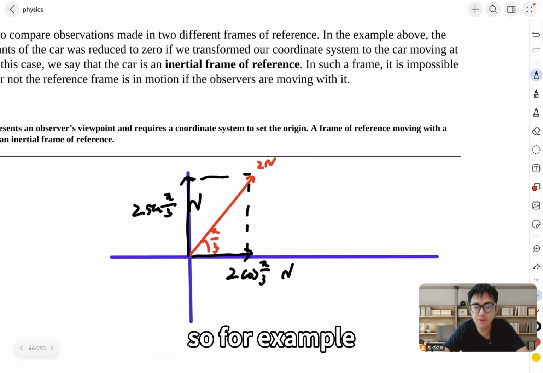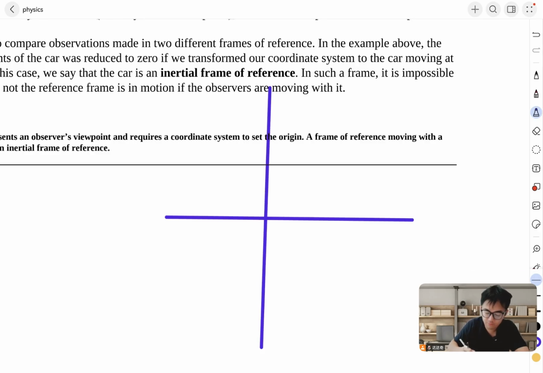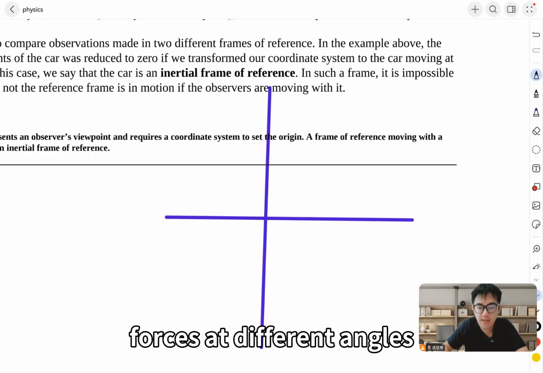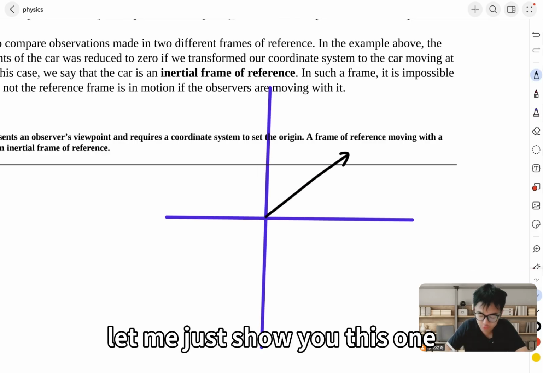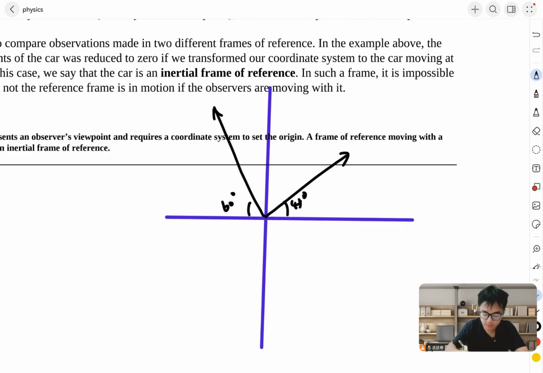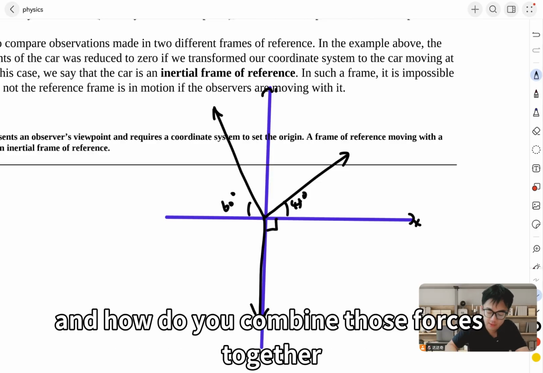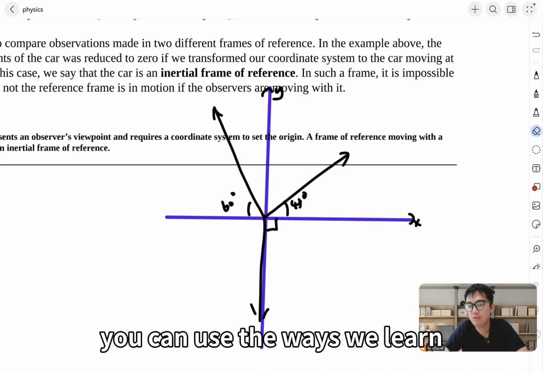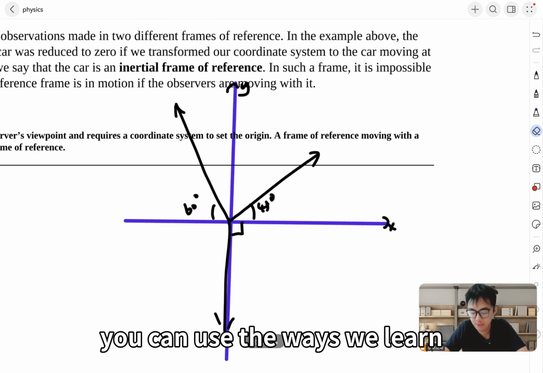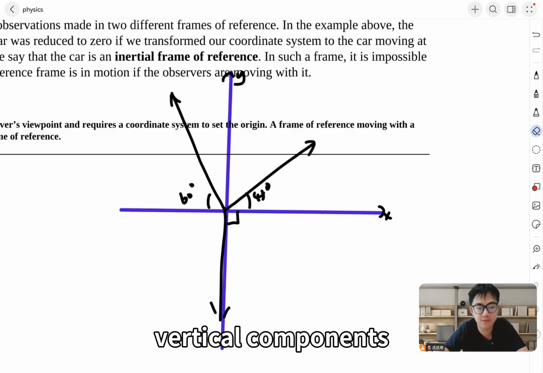So for example, if you have three forces at different angles, let me just show you this one, 45 degrees, and this one 60 degrees, and this force is perpendicular to the x-axis. And how do you combine those forces together? You can use the ways we learned before to decompose each into horizontal and vertical components.